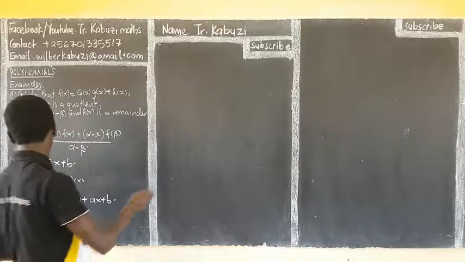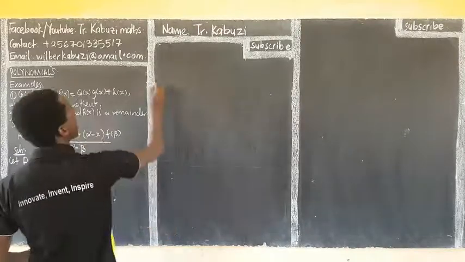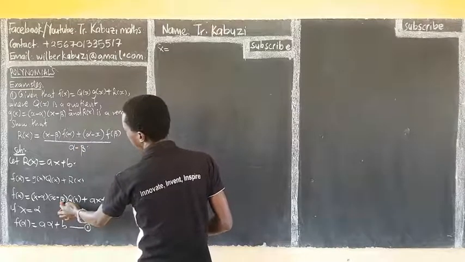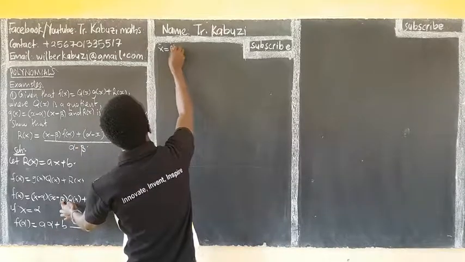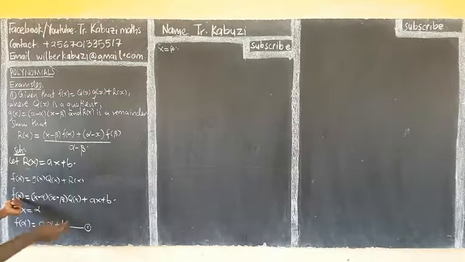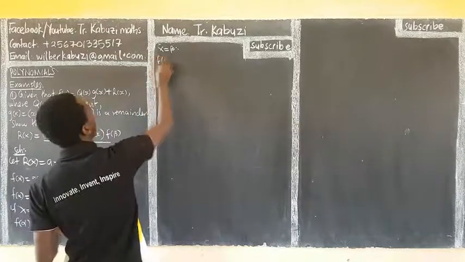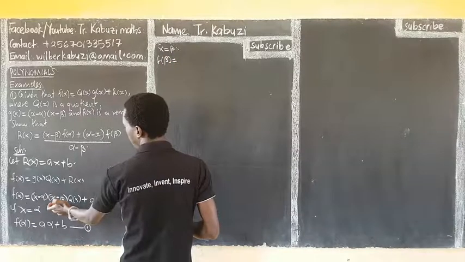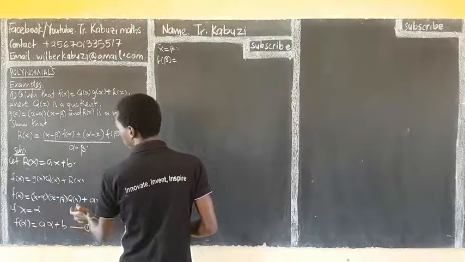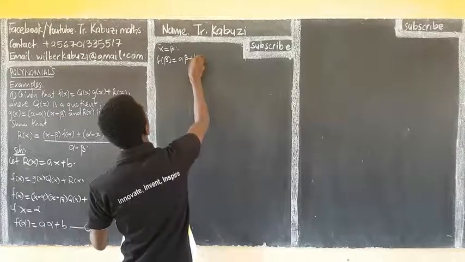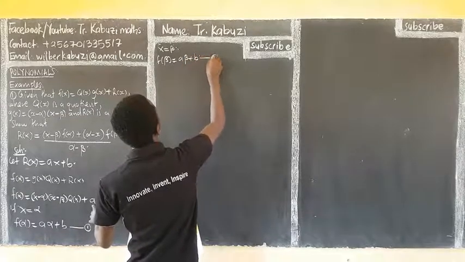Then I say, if my x is equal to beta, where there's x we put beta, so f of beta will be equal to, when I put beta here, the whole of this will be 0, so here I'll have a beta plus b. I call this equation 2.